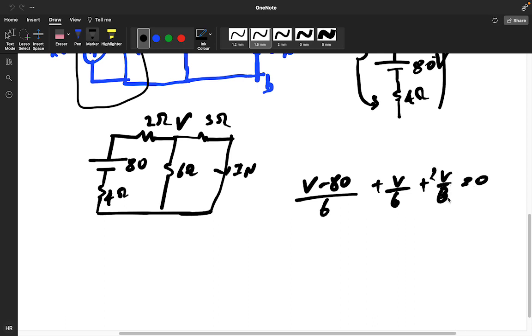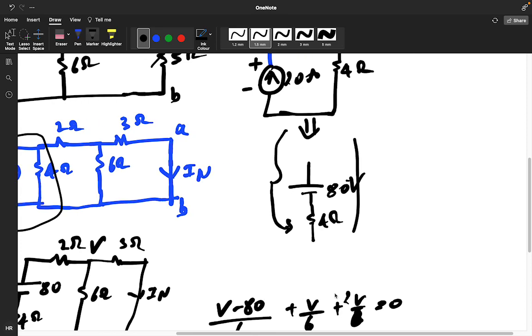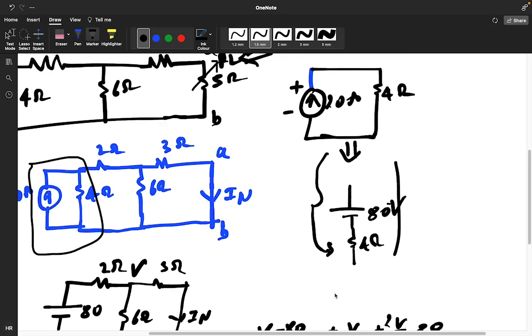Multiply by 6, so you get 2 plus 3, 4V is equal to 80. So the value of V you are getting is 20 volt, so your IN will be 20 divided by 3 ampere. Okay, so you will get the IN value as 20 divided by 3 ampere.